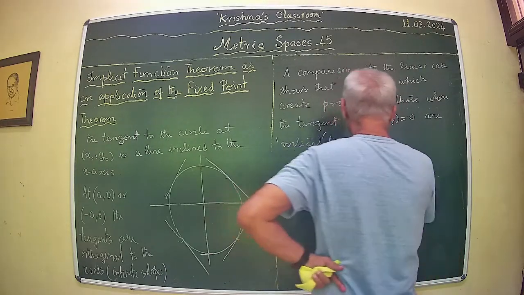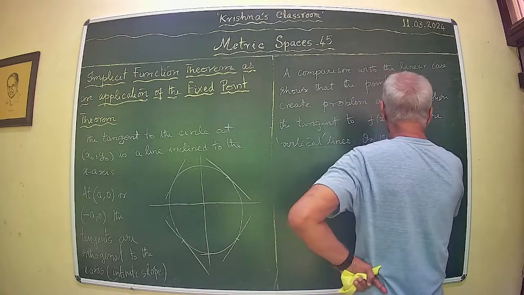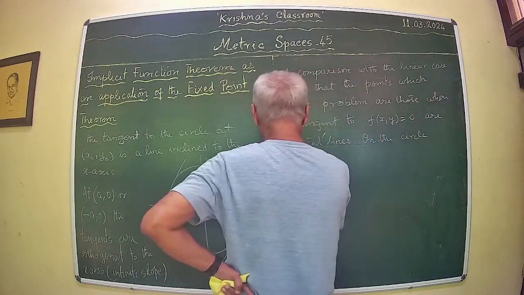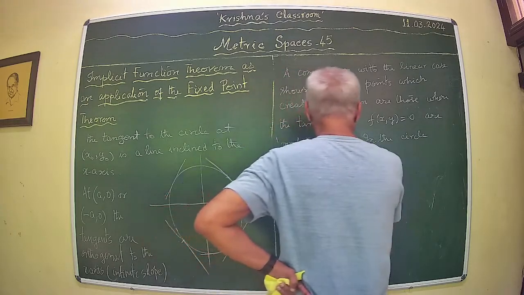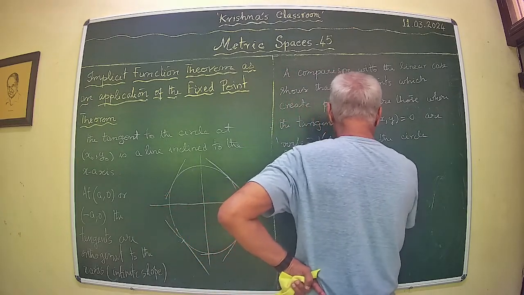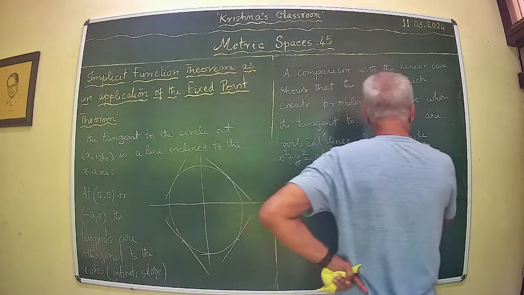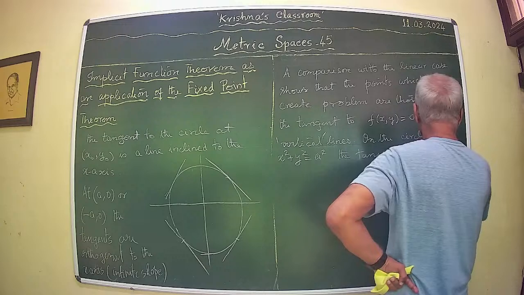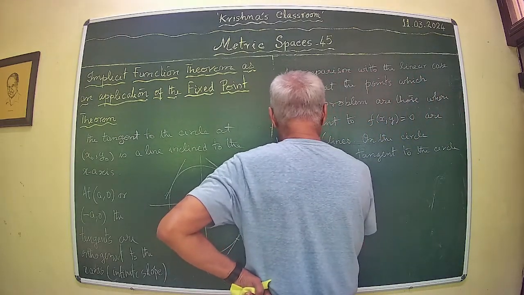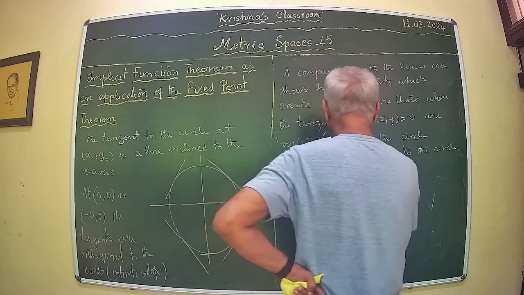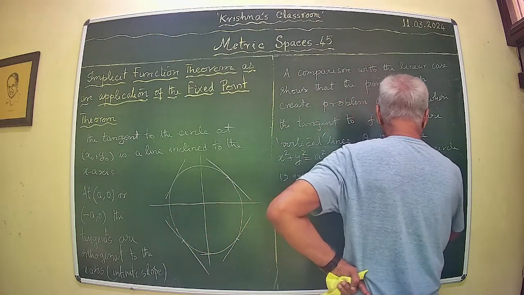Now, for instance, on this circle, the tangent to the circle is vertical at a, 0 and minus a, 0.